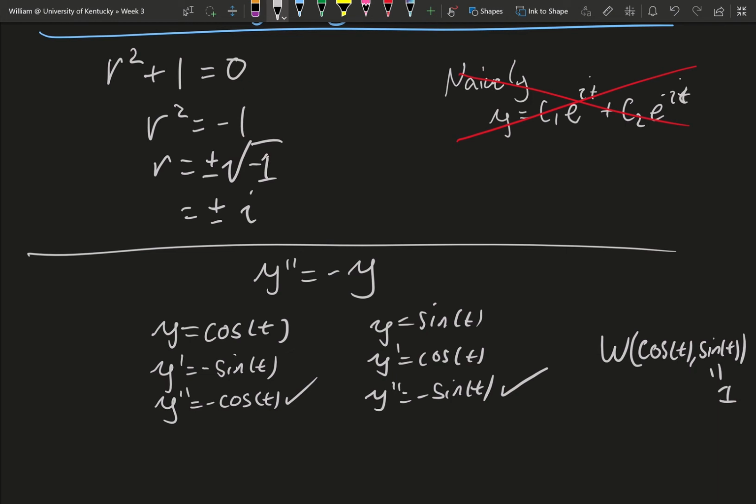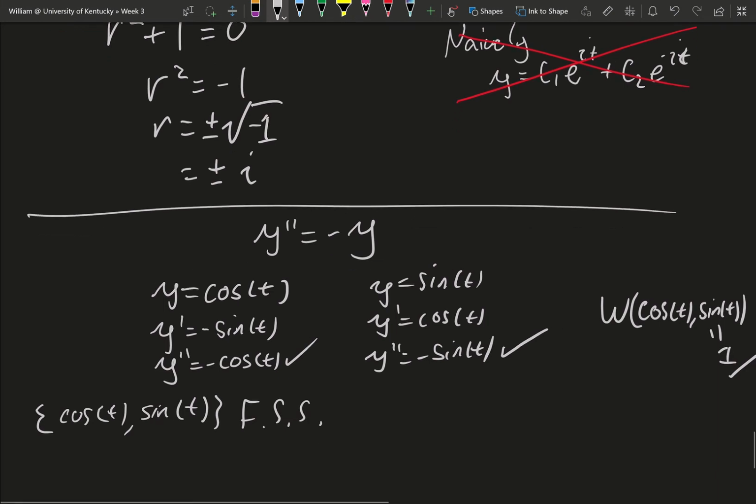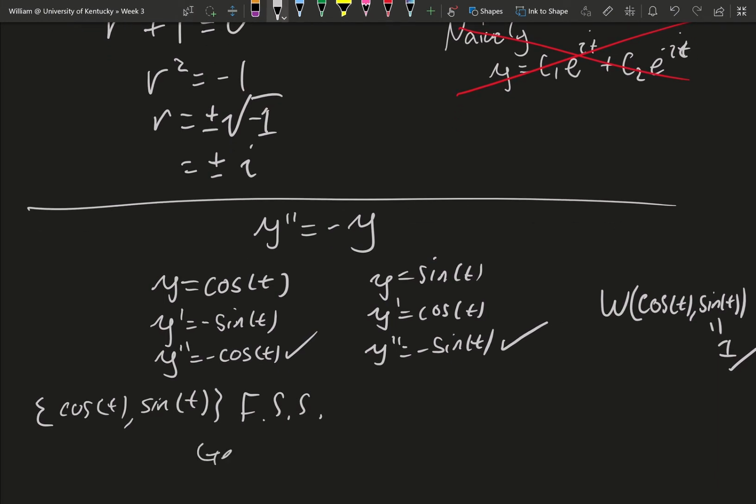And so we check that. We can say that cosine of t and sine of t is the fundamental set of solutions. And so our general solution is y equals c1 cosine of t plus c2 sine of t.